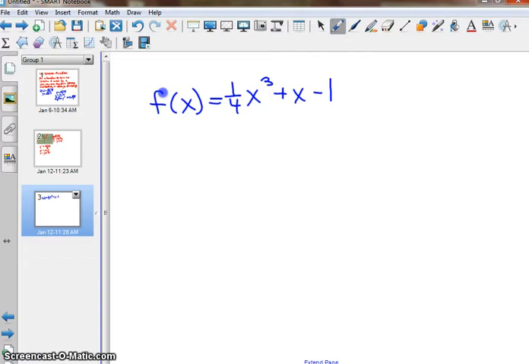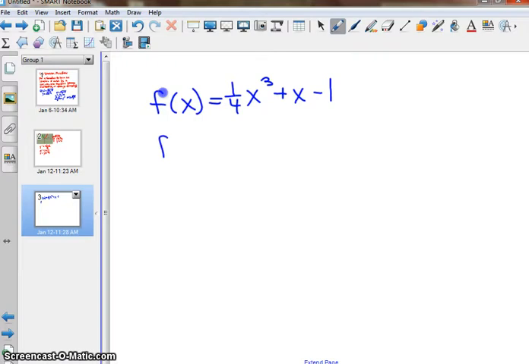If I ask you to find the inverse of that function, you're not going to be able to solve for y. If you flip-flop the x and the y, you're not going to be able to do it. So there is a theorem that's going to help us do that without finding the inverse.